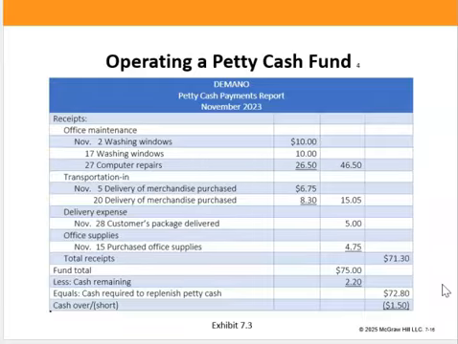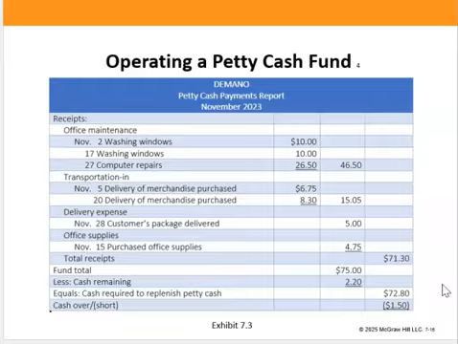Our total for office maintenance is $46.50 because we had the three invoices there that we detailed. Then we have transportation in, delivery expenses for $15.05. And then we have a smaller delivery.